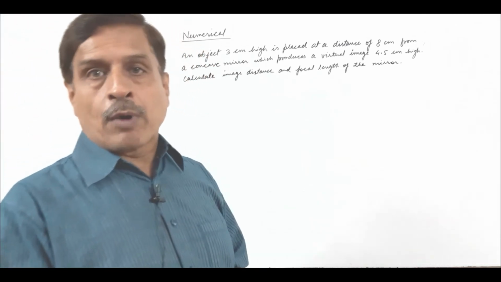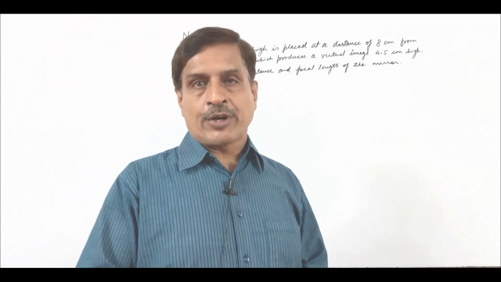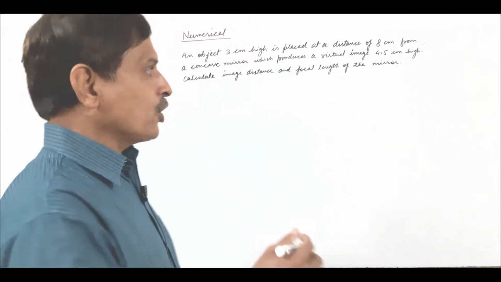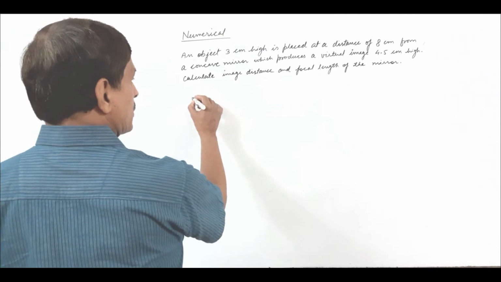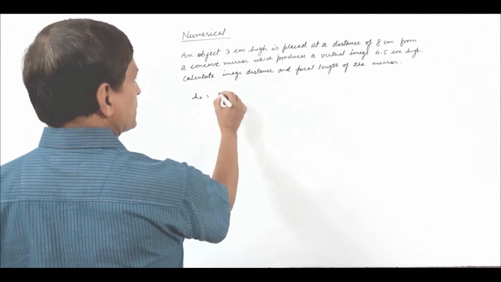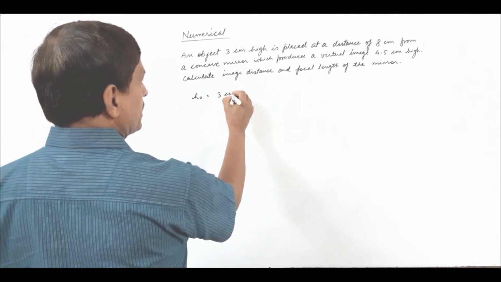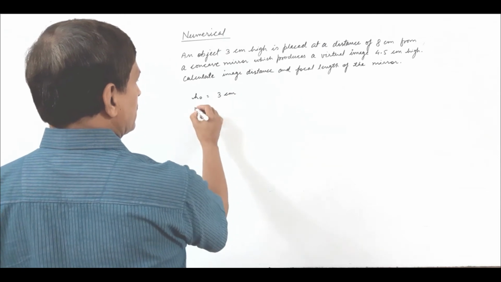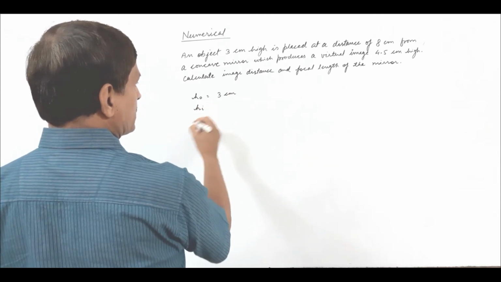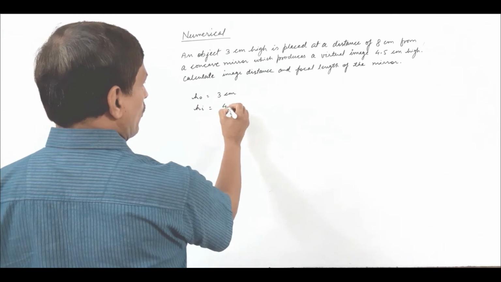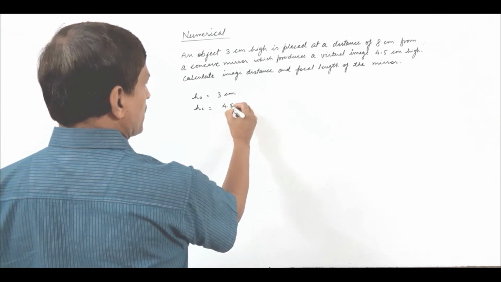While solving the numerical problems, we first pen down the information given in the numerical problem. So, height of object is 3 cm. Height of image is 4.5 centimeter.